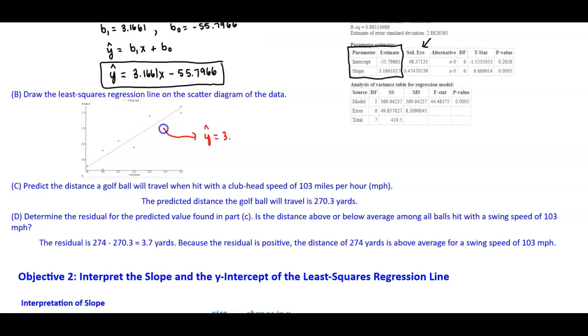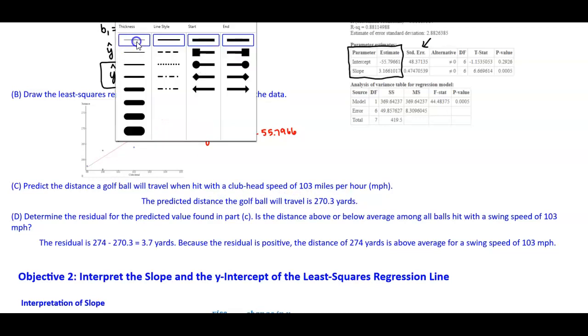Y hat is equal to 3.1661x minus 55.7966. Now it says predict the distance a golf ball will travel when hit with a club head speed of 103 miles per hour.